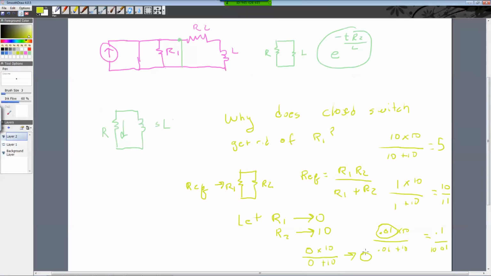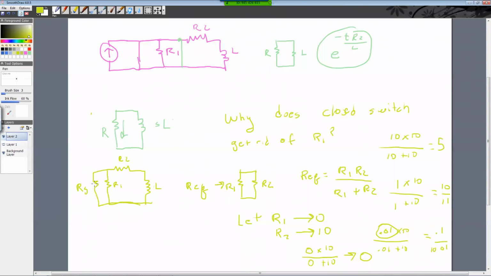Okay. So looking this way, these two parallel paths, let's just keep it drawn. Let's draw it back. Sorry, this is L, R2, R1. So let me put in this RS for R short.